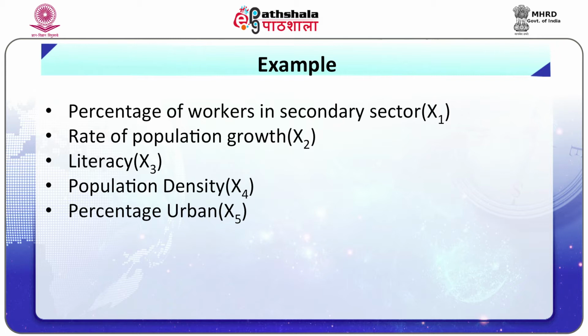The variables are percentage of workers in secondary sector denoted as x1, rate of population growth denoted by x2, literacy denoted by x3, population density denoted by x4, and percentage urban denoted by x5.